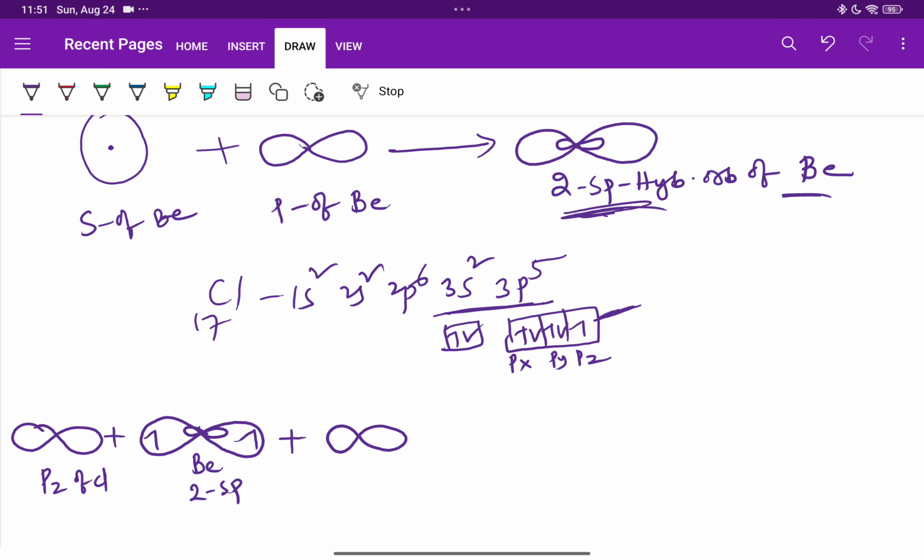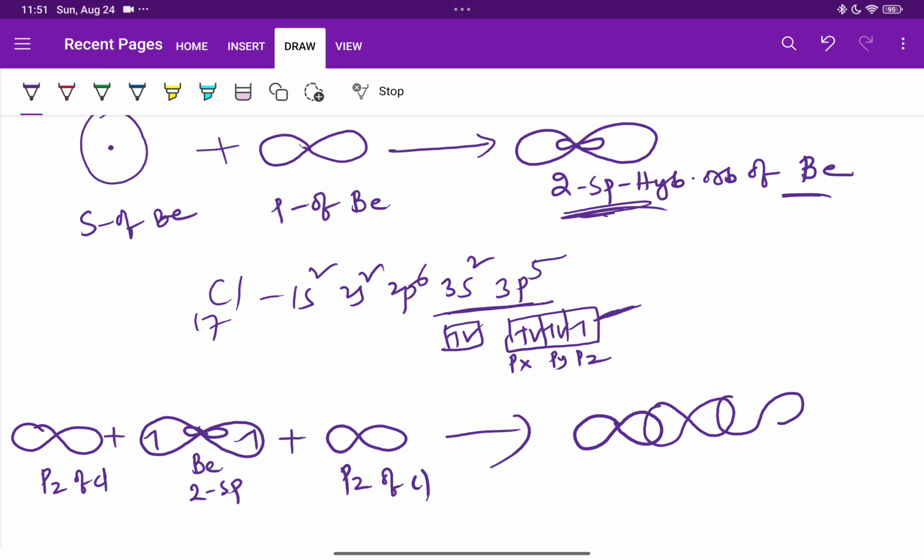So another pz of chlorine. Then you are going to get, so this is exactly BeCl2. BeCl2 exactly. So this is chlorine pz, this is chlorine pz, and the middle one is beryllium's sp hybrid orbitals.